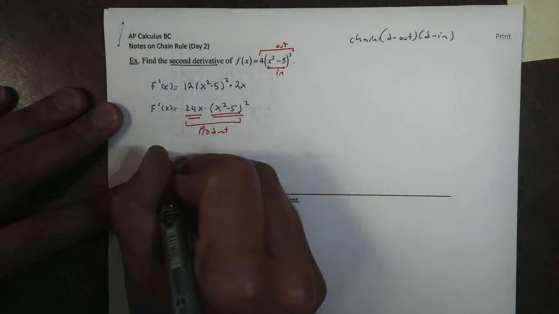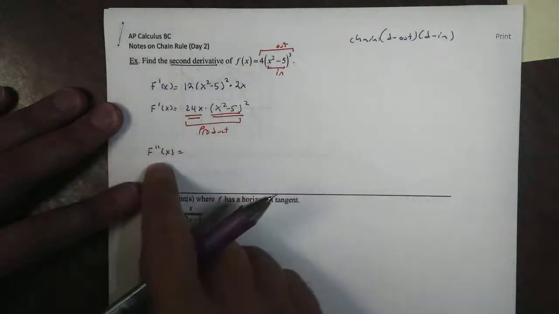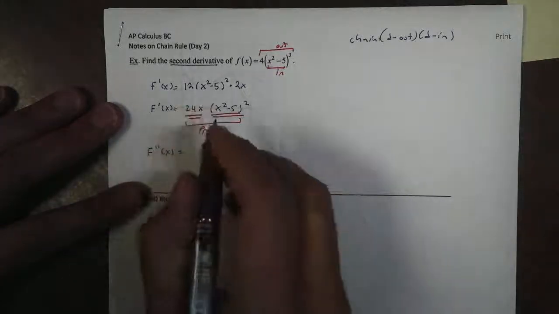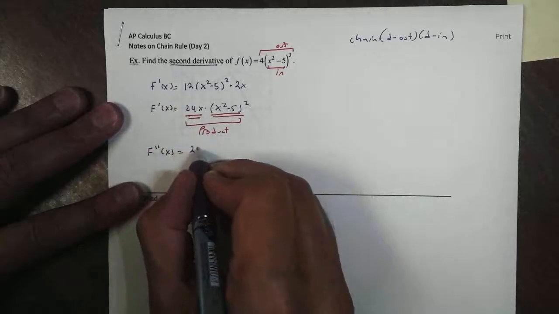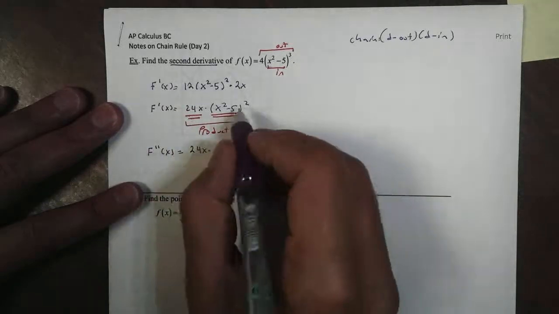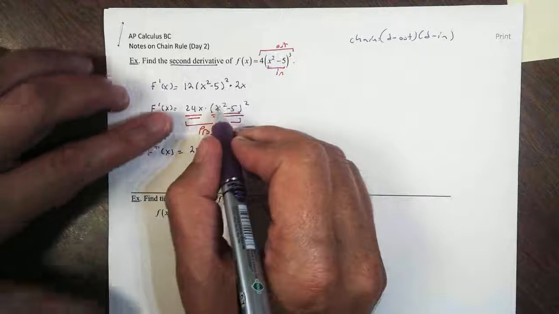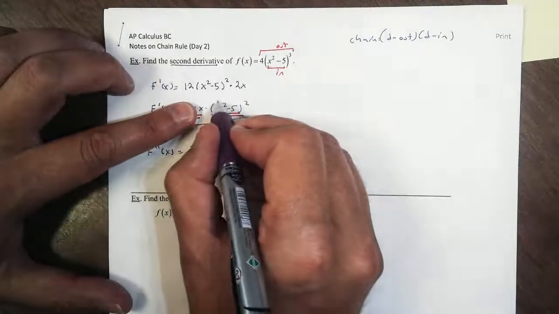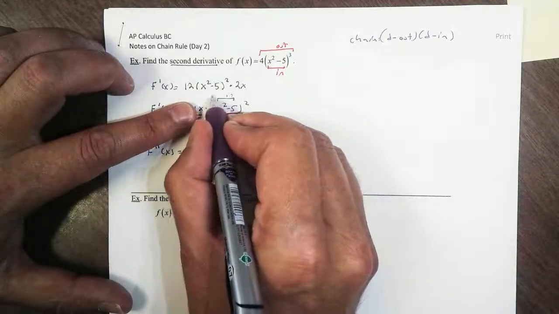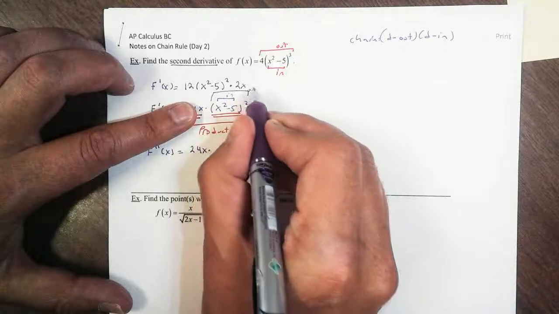So taking the second derivative, that's why we put that double prime there. We're going to take our first function, which is this 24x, and multiply that by the derivative of our second function. Now, for our second function, we have this inside part and this outside part.